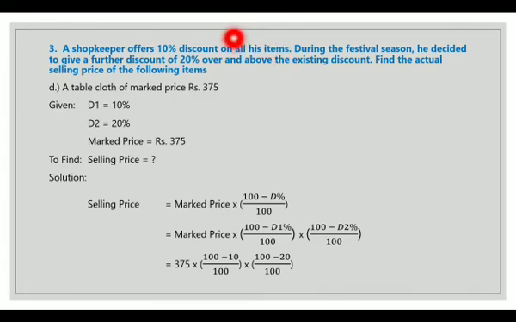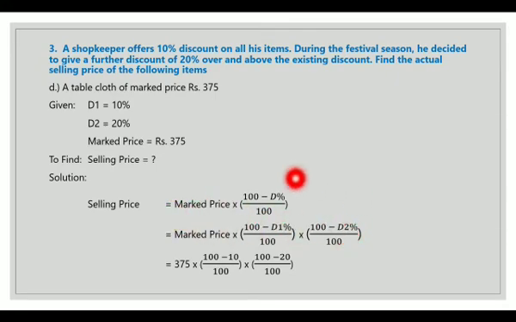Now in the same shop, he buys the fourth item, a tablecloth of mark price rupees 375. So given D1 equals 10%, D2 equals 20%, mark price is 375. To find the selling price: selling price equals mark price into 100 minus D1% upon 100 into 100 minus D2% upon 100.